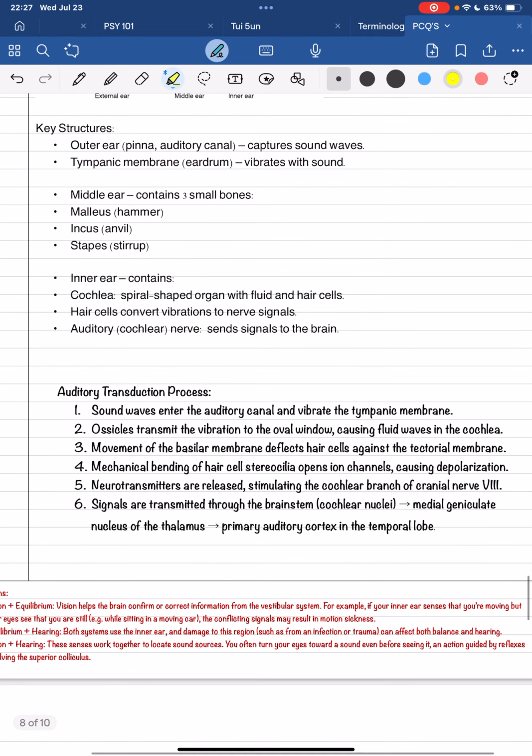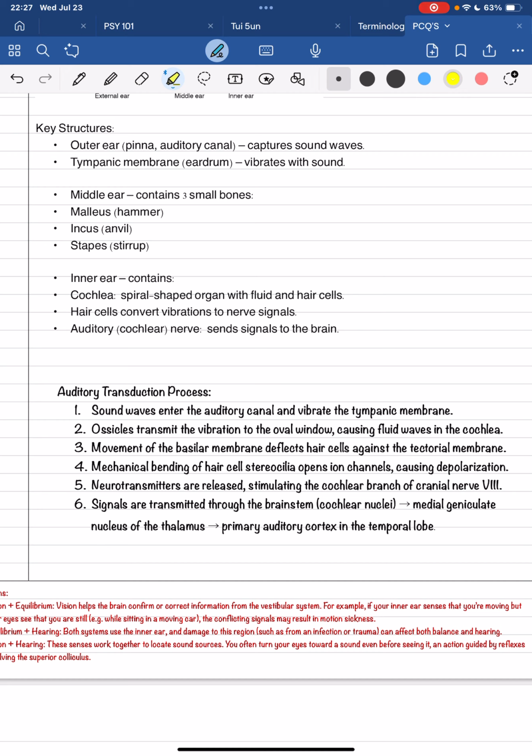In the auditory transduction process, sound waves enter the auditory canal and vibrate the tympanic membrane, and then the ossicles transmit the vibration to the oval window, causing fluid waves in the cochlea. Movement of the basilar membrane deflects hair cells against the tectorial membrane.